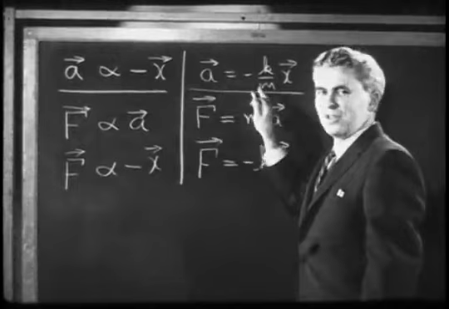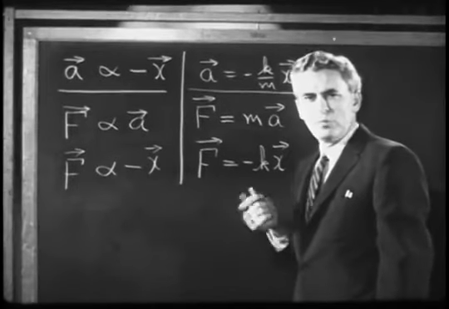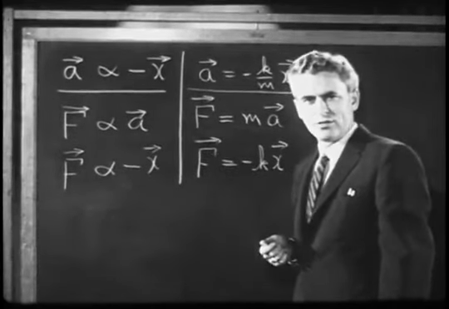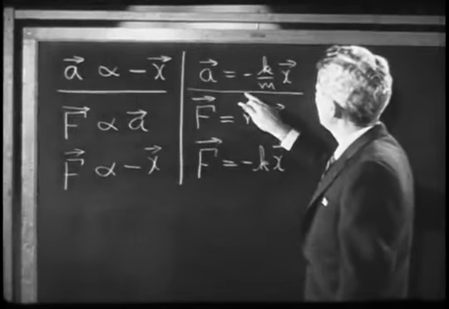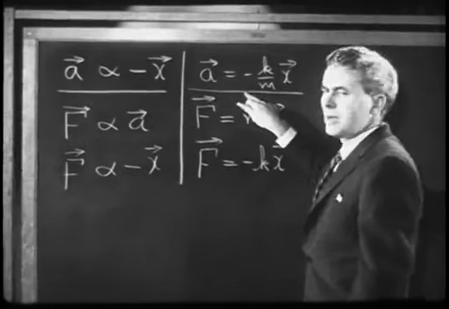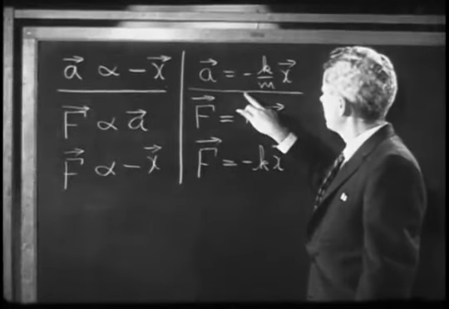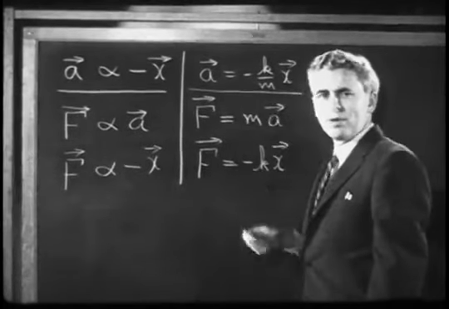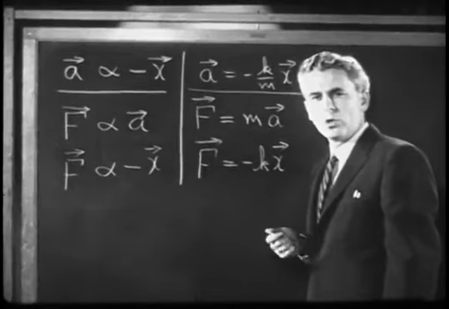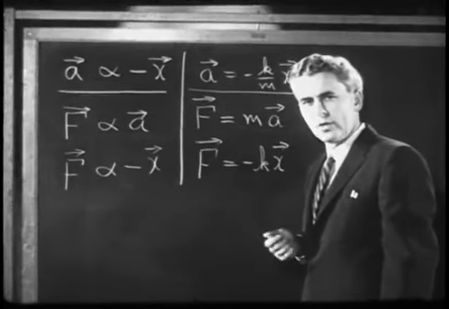But in neither one of these expressions can you see the period, the thing that's easiest to measure. It turns out that it is possible, by mathematical means, to derive an expression for the period from this equation. But the mathematics is mathematics you probably haven't studied yet, so we're going to have to get at the period another way.